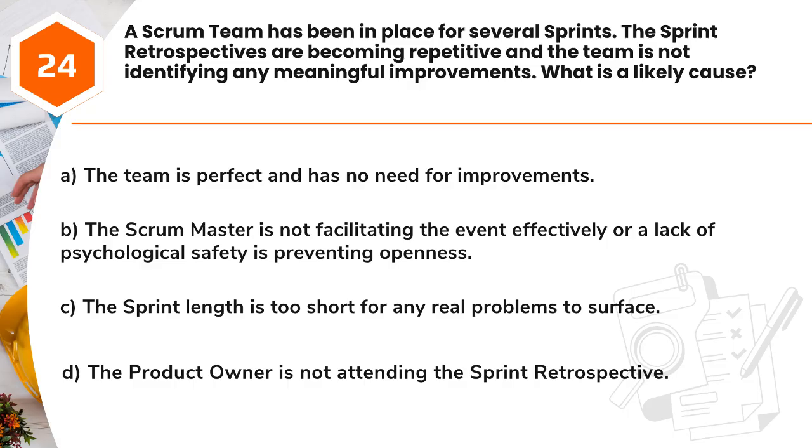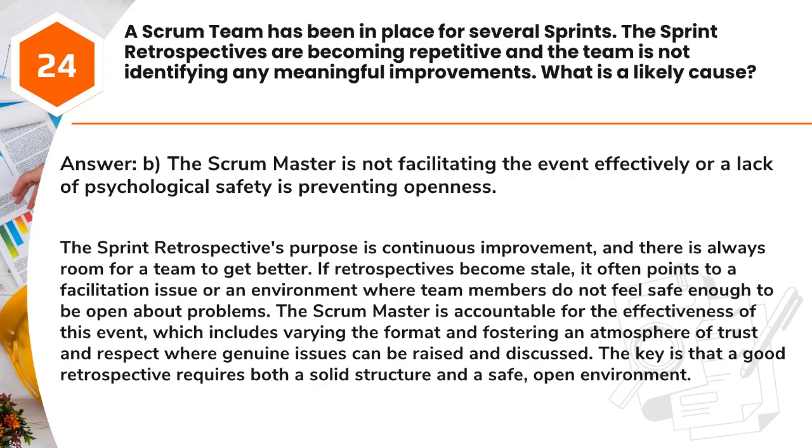C. The sprint length is too short for any real problems to surface. D. The product owner is not attending the sprint retrospective. Answer: B. The Scrum Master is not facilitating the event effectively or a lack of psychological safety is preventing openness.